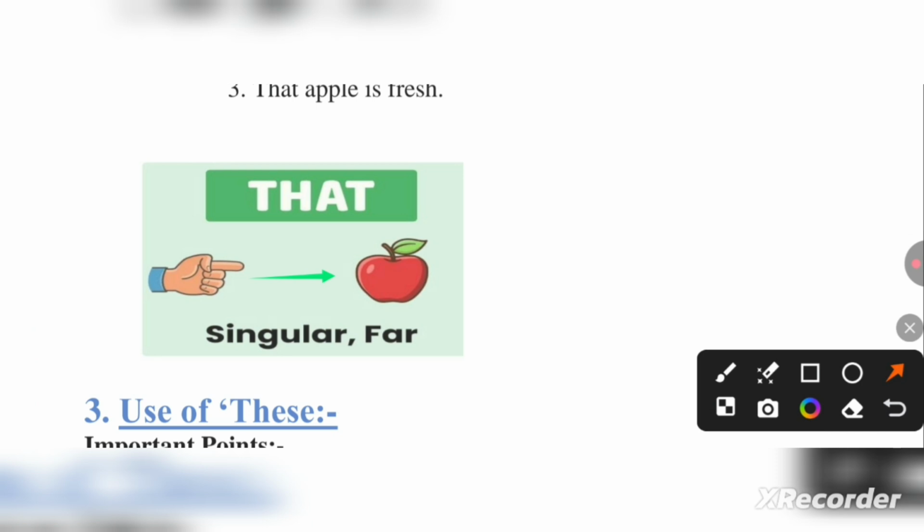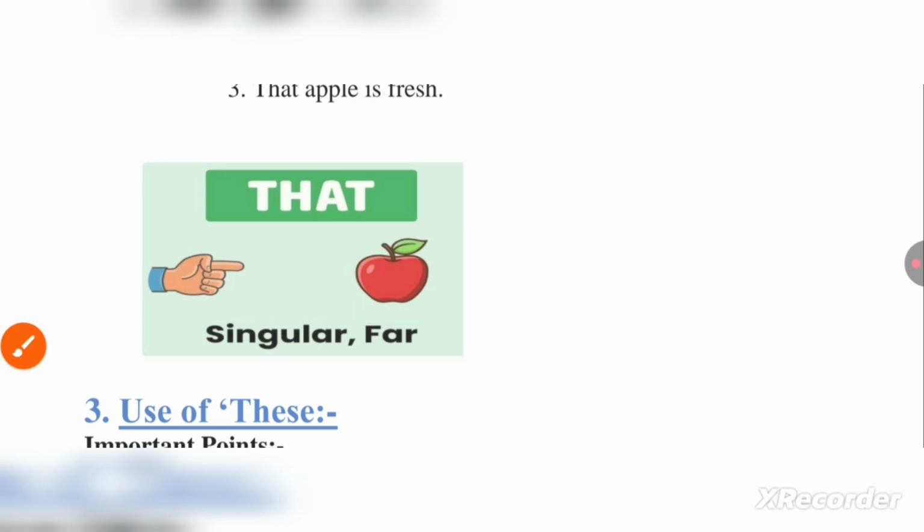Moreover, all the important points have been kept in mind wherever we are using the demonstrative determiner. Here, apple is only one, and it is located at some distance from the speaker.